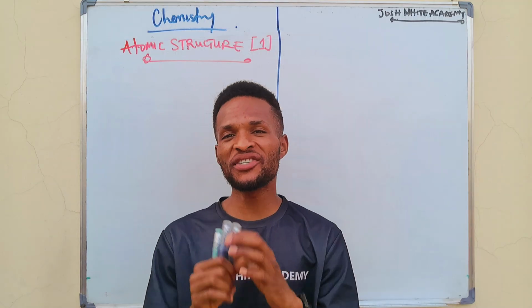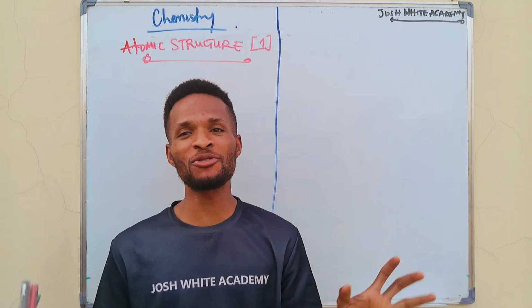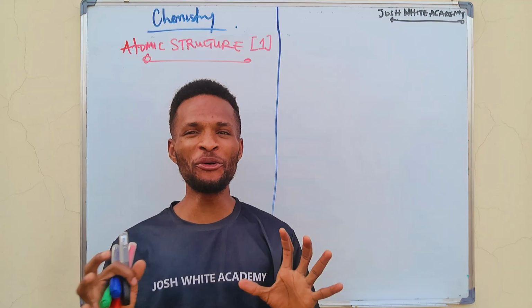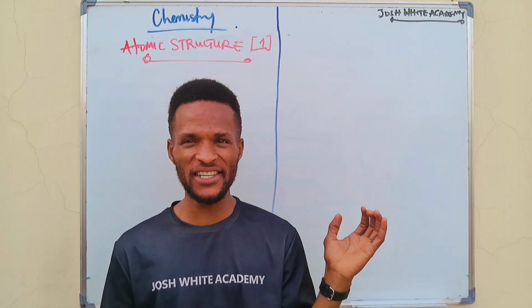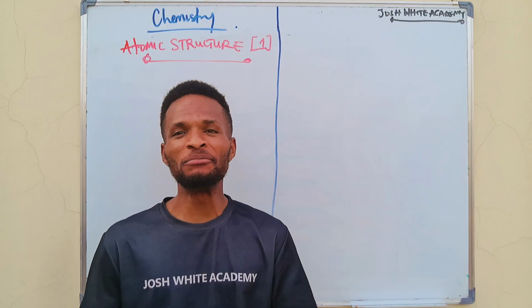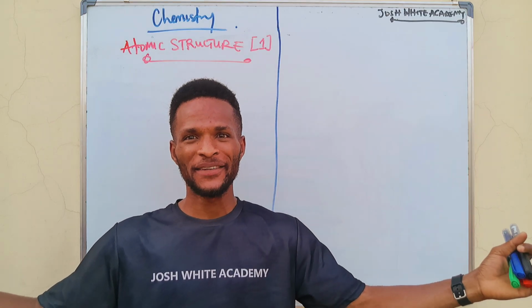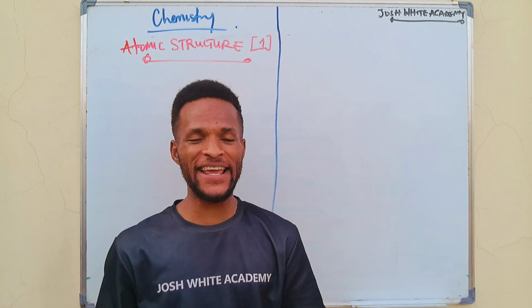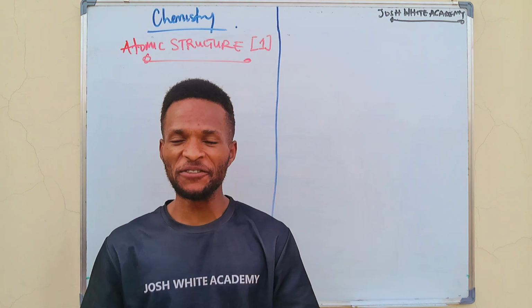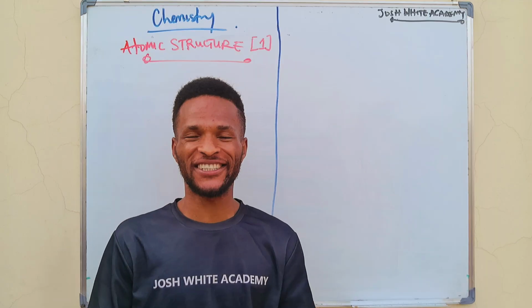Atom was first explained by a Greek philosopher known as Democritus as early as 400 BC as the smallest part of a substance. Imagine picking an iron rod and crushing it to the point where you can no longer crush it.